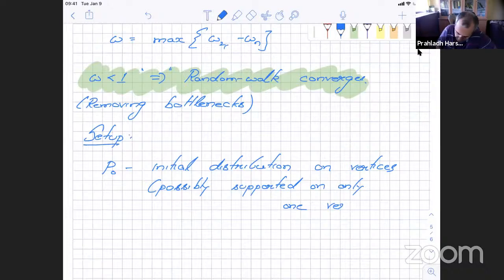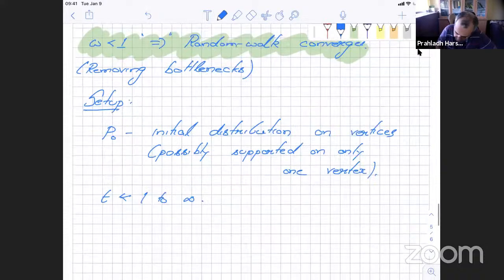And then for t going from 1 to infinity, we define pt by pt transpose equals pt minus 1 transpose times W. You take a step with the walk, and that gives the new distribution.